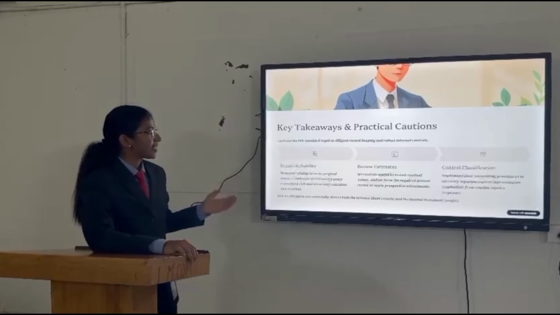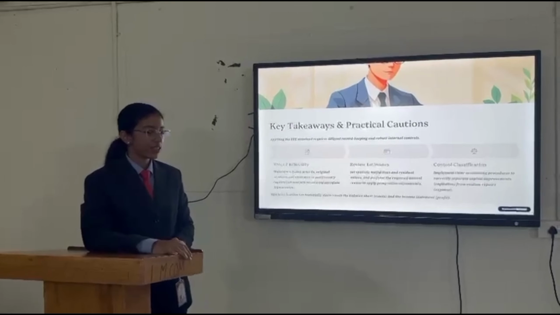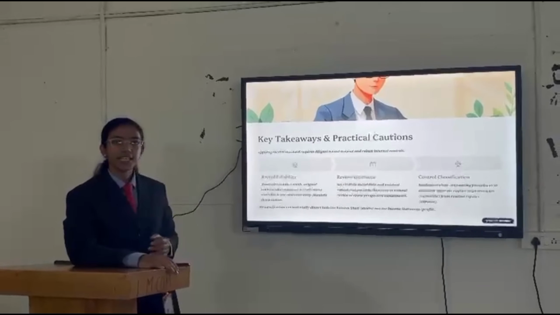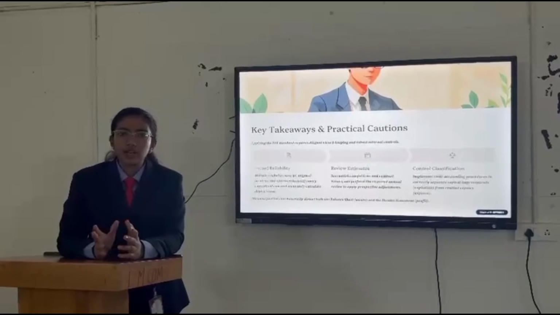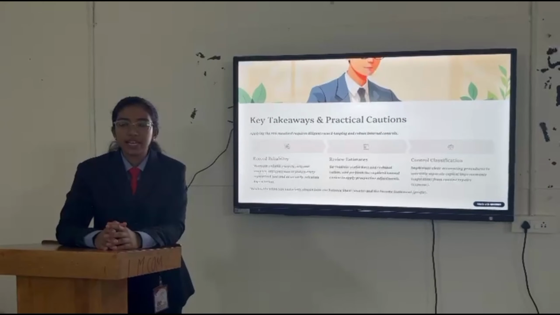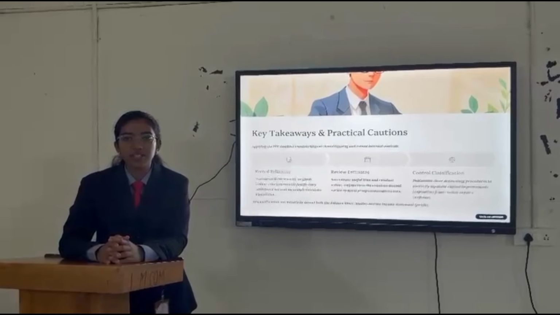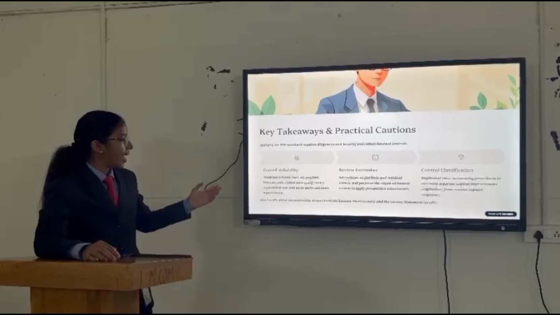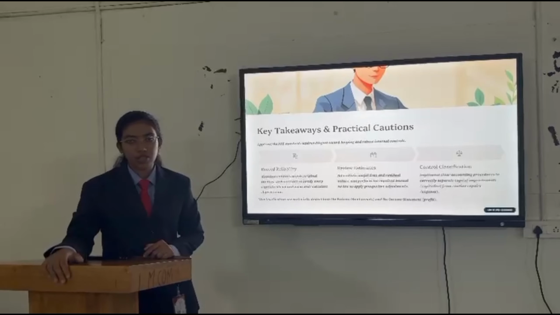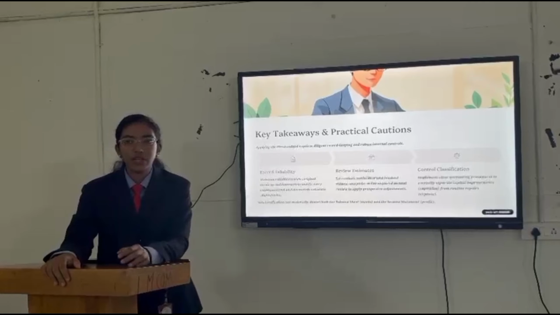Next are key takeaways and practical cautions. First one is record reliability, second is review estimates, and third is control classification. Record reliability means maintain reliable records, original invoices and contracts, to justify every capitalized cost and accurately calculate depreciation. The second one is review estimates.